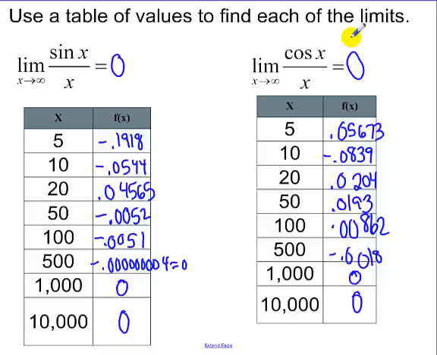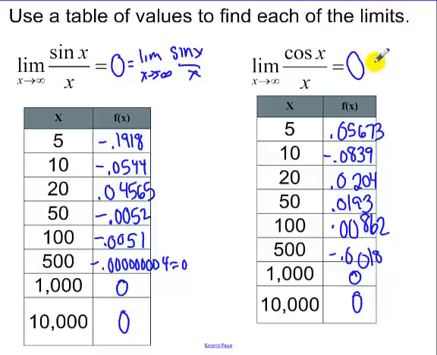Now, the same thing is also true for negative infinity. So the limit as x goes to negative infinity of the function sine of x over x is also going to be 0.